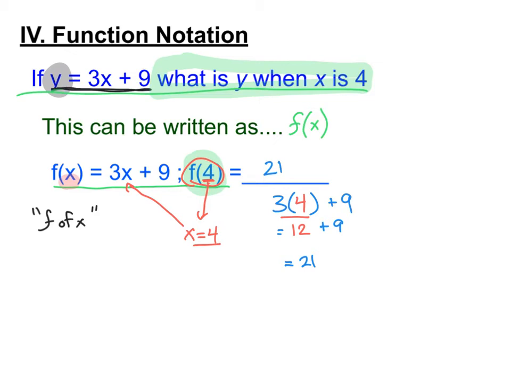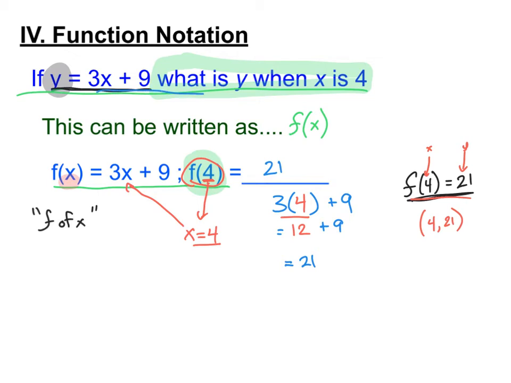Now I'm going to write this in a better spot and a little cleaner. So my answer is f of 4 equals 21. Okay, now this is so much information right there. This tells me x was 4 and y is 21. So that gives me the coordinate (4, 21) in the answer by writing it out in this function notation way.